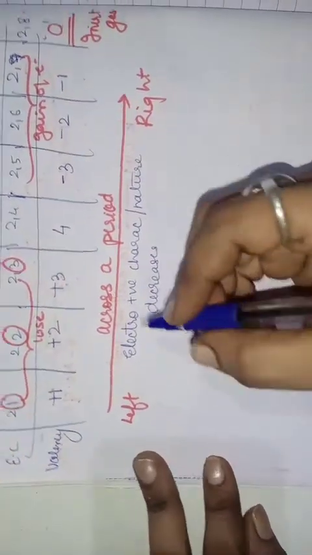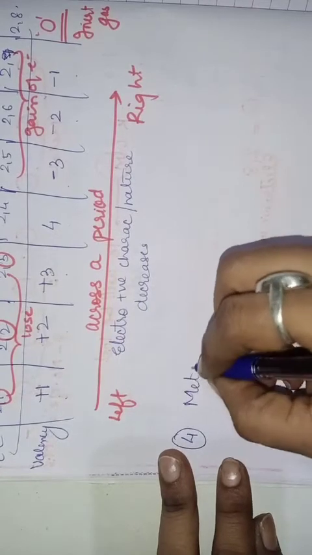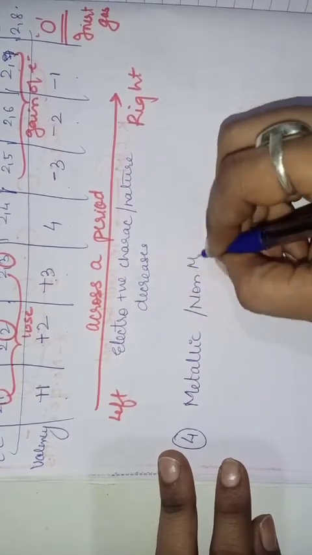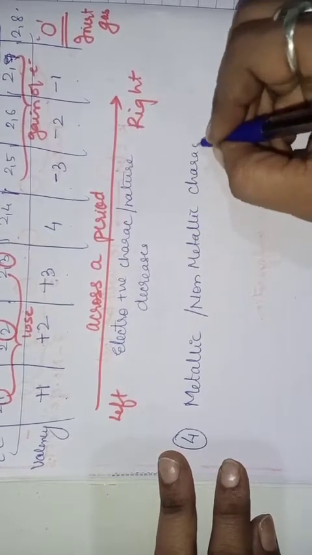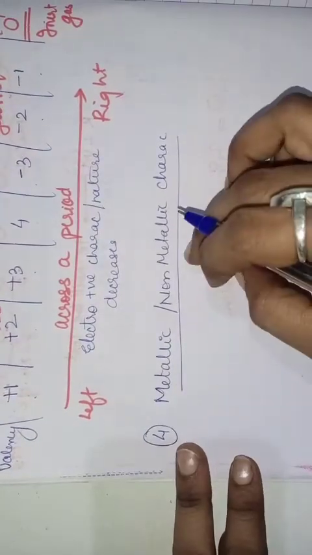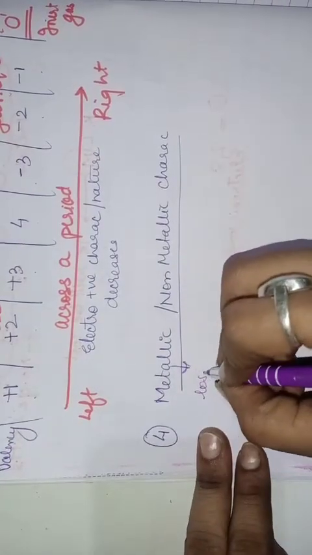Okay children. Now let us see the next character. Fourth character we have metallic and non-metallic character. So I have already explained. Metal means what? Loss of electron, right? When we say metal, then loss of electron.